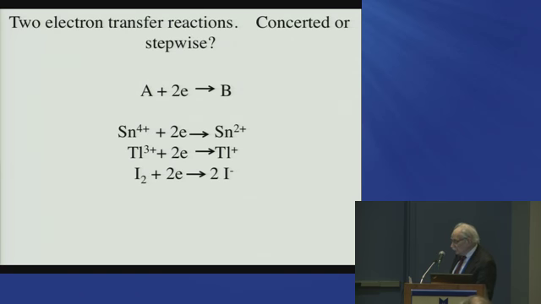Now, there's a lot of kind of fictitious understanding in here. One is this one, tin 4+ plus 2 electrons goes to tin 2+. Tin 4+, assuming that means the aqua ion, doesn't exist. I spent a year as a graduate student trying to make tin 4+ in perchloric acid, and you can't make it. It hydrolyzes.